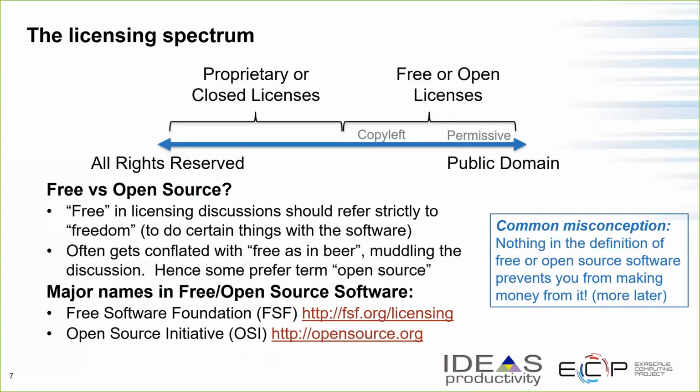Both of these have definitions of what constitutes a free or open source license, which I'll get to in a second. But there's a lot of information available about software licensing from both of these sources. So I put these URLs in here, and they're also at the end. I have a couple of slides of resources, and you can get to those. All right. Any questions at this stage?